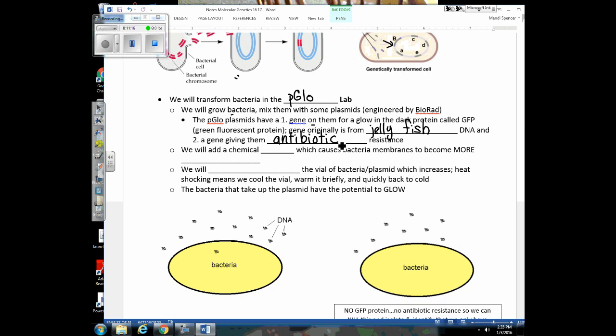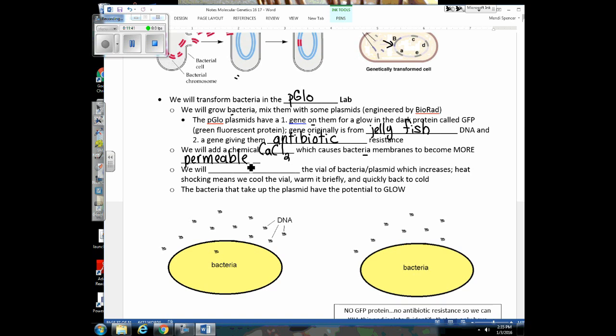So basically, you're going to transform bacteria. You're going to help bacteria take in these pieces of DNA. To do that, we're going to do two things. We're going to add a chemical called calcium chloride, and this causes bacteria cell membranes to become more permeable. We want to open them up so those pieces of DNA can get into the cytoplasm.